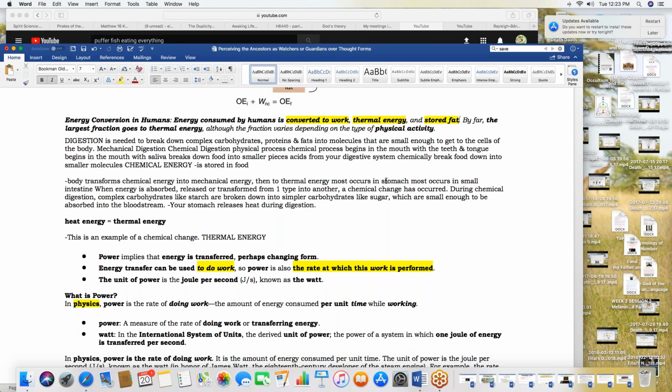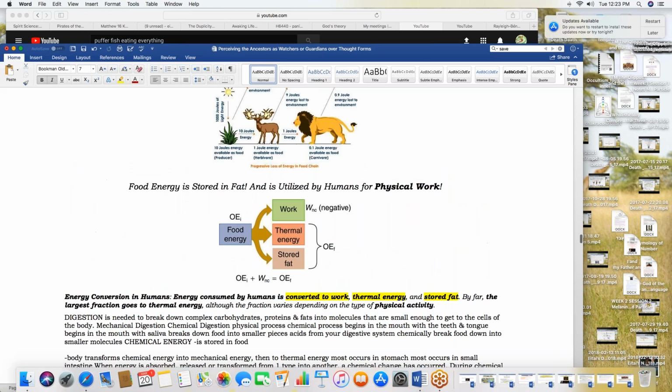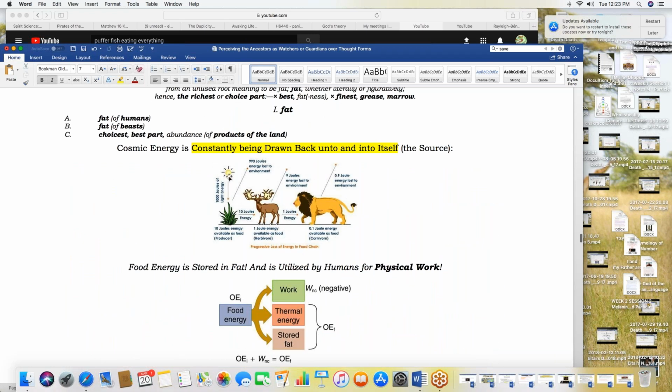And we took a look, and we determined that the source of energy, which is solar, within this reality, there's another source of energy that we're going to talk about.